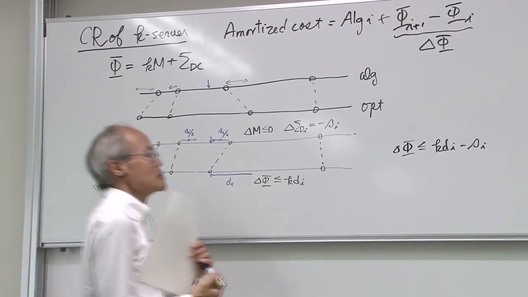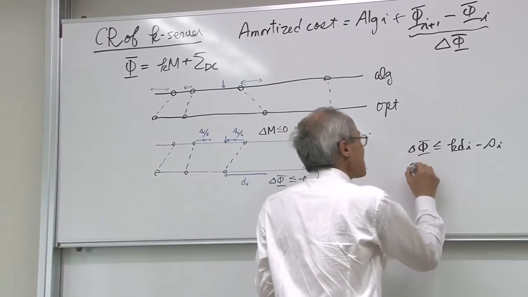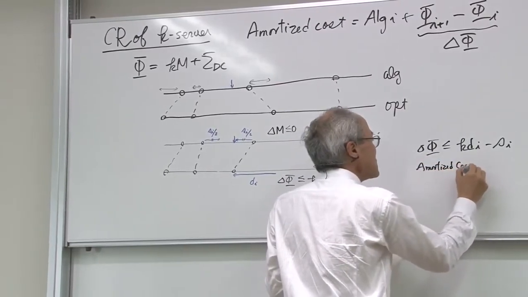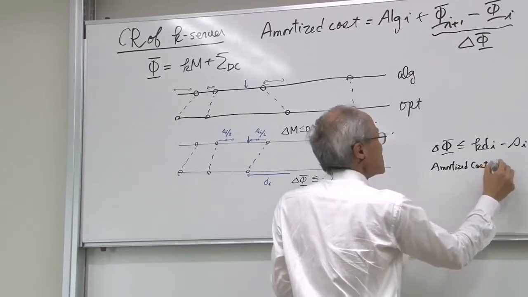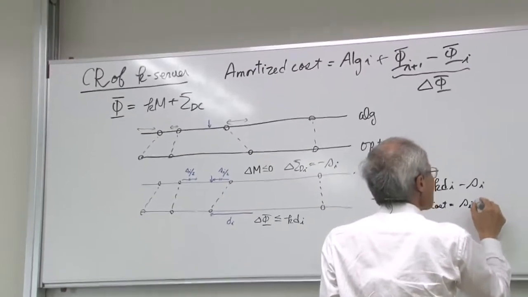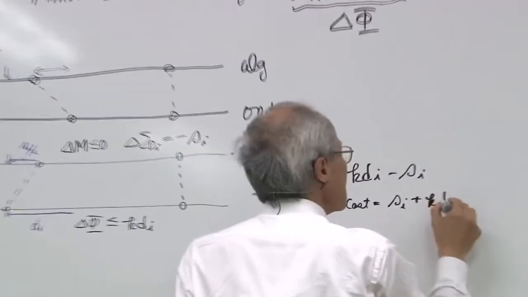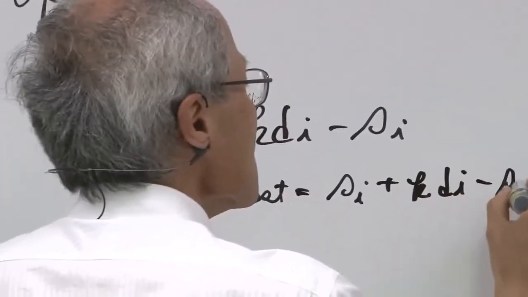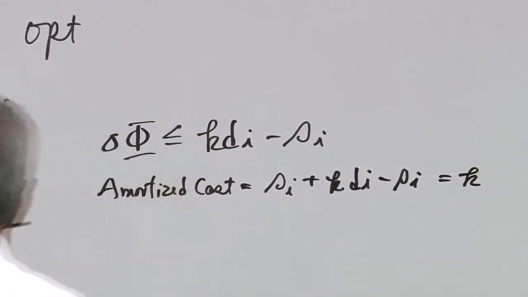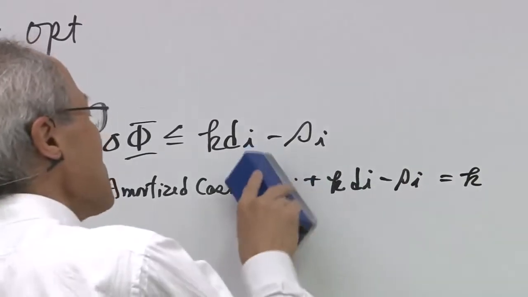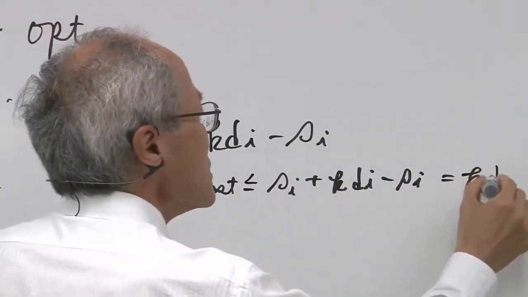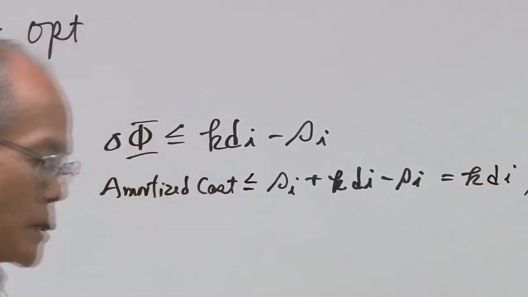And so the amortized cost, algo i, is di plus k di minus di, which is at most kdi.